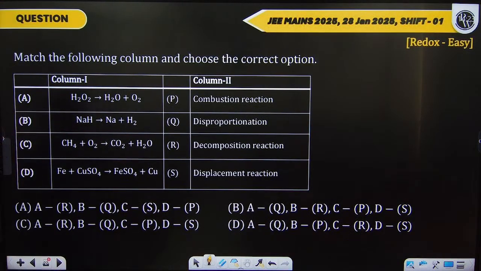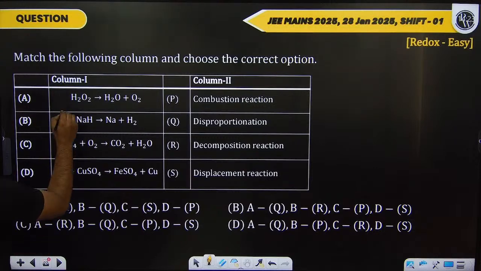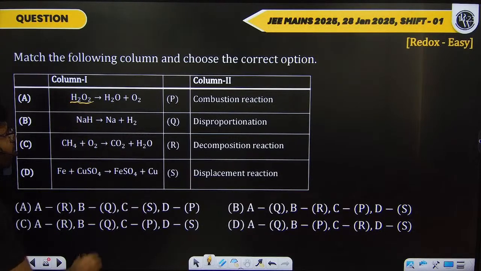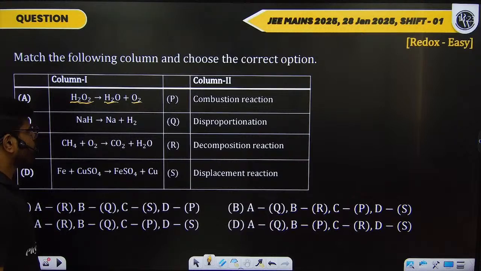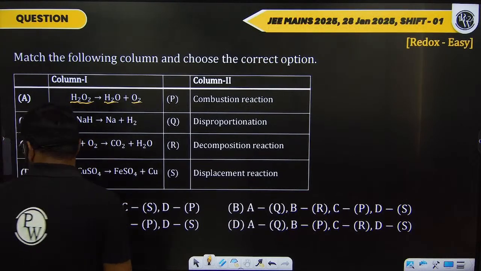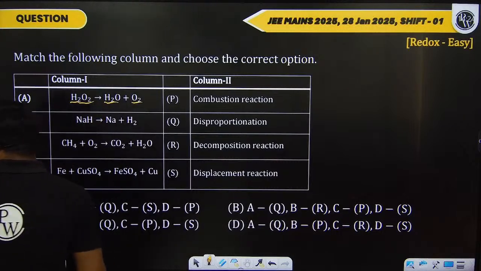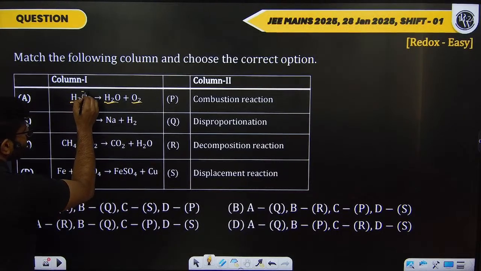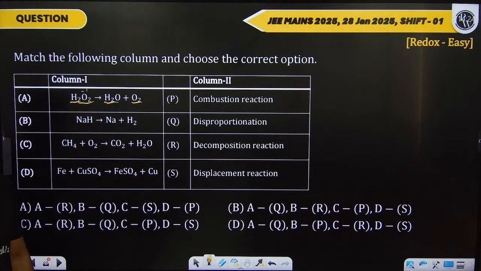Now the next one, about H2O2, converting into H2O plus O2. Now in H2O2, what is the oxidation state? What do we know? For hydrogen it is plus 1. Now 2 oxygens together will be minus 2. That means each oxygen will be minus 1. That is the oxidation state of oxygen.